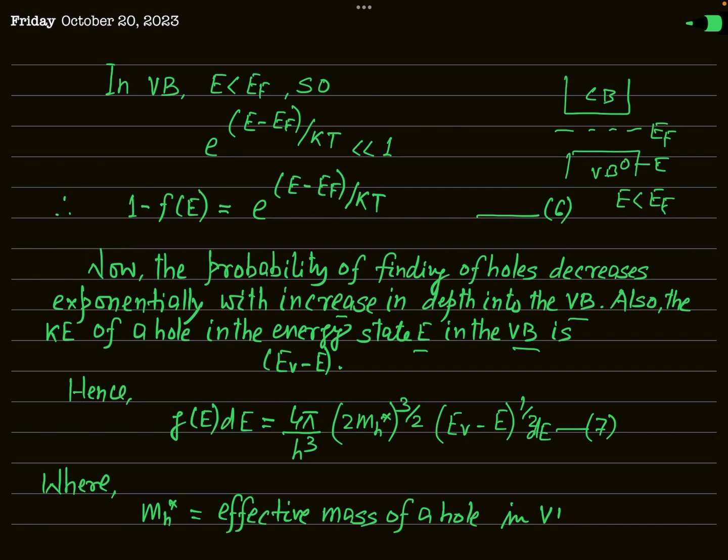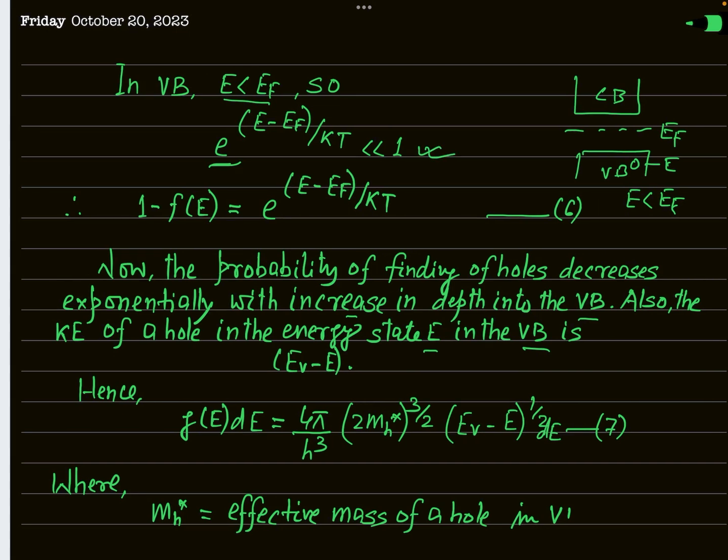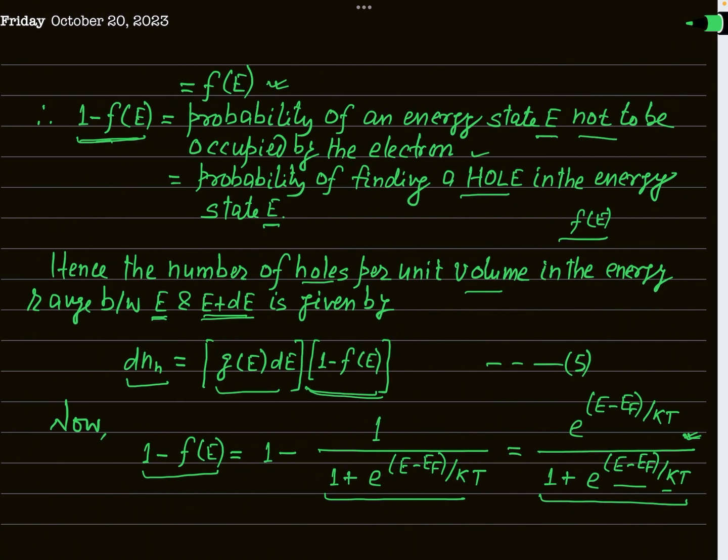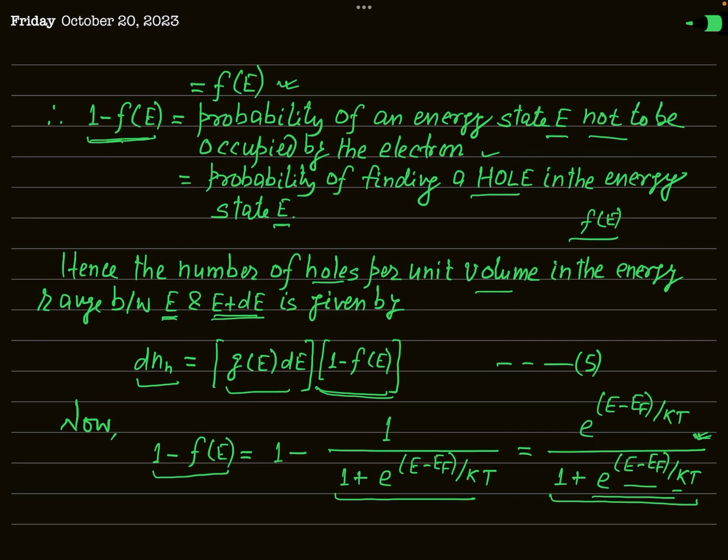If E is less than EF, then E minus EF will be negative. So the exponential has a negative power, and this exponential factor will be much smaller than 1. If the exponential factor in the denominator is much smaller than 1, then you should neglect it.